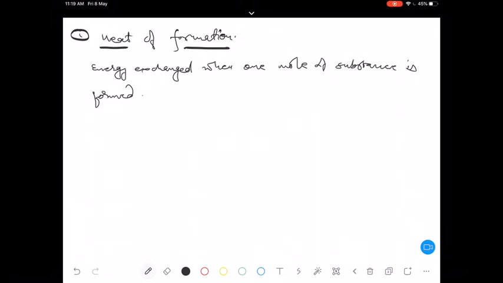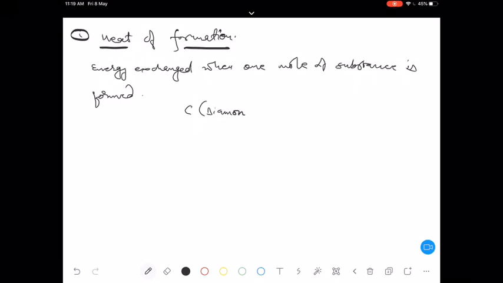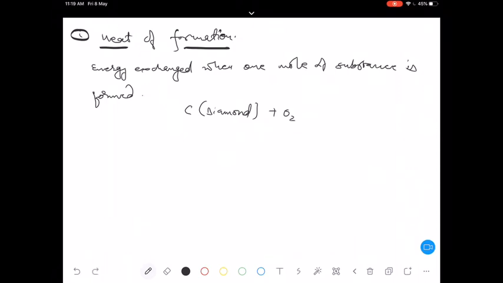For example, here let's say I write carbon diamond solid plus O2 gas giving you CO2 gas.